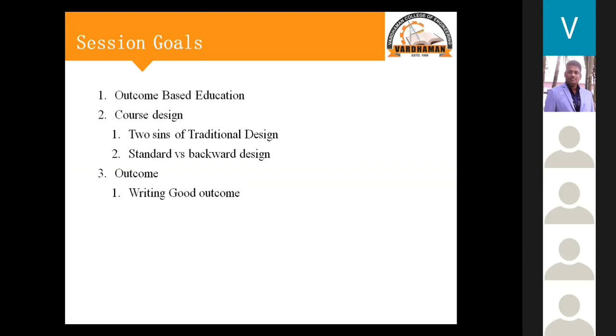Then I'll be speaking about the course design and the basic disadvantages with the traditional design. And then I will be speaking much about a methodology or a technique called backward design. And then I will be speaking about what exactly an outcome is and how to write an outcome. So this is what I plan to cover for today's session.